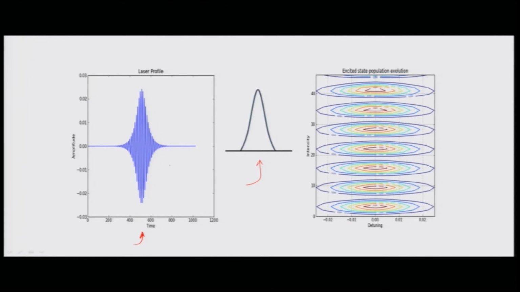Most often we go into the rotating frame, where this carrier frequency of the laser is considered to be the frame in which the system is rotating or revolving, and therefore we can work simply by using the amplitude profile of the laser beam instead of worrying too much about the frequency of the laser, for instance.